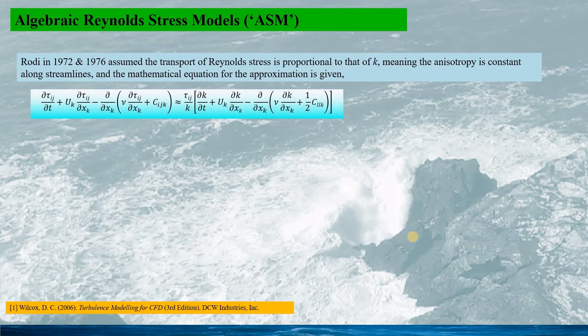Basically, algebraic Reynolds stress models have been proposed for avoiding solving the 4 Reynolds stress equations, so as to reduce the computations in the modeling of turbulent flows. However, in reality, the algebraic Reynolds stress models, including the traditional algebraic Reynolds stress model and the explicit algebraic Reynolds stress model, are not independent or self-contained.